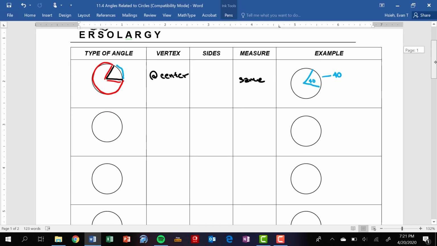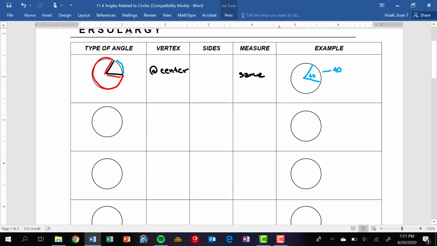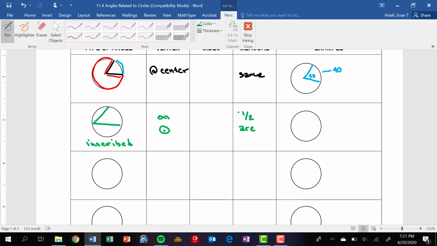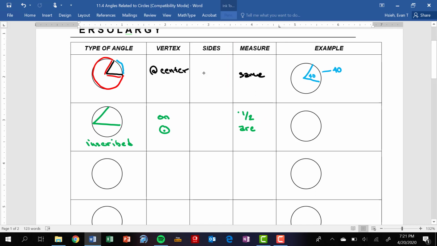Next type of angle is what's called an inscribed angle. And an inscribed angle has its vertex on the circle. And an inscribed angle has a measure that is half of the intercepted arc, or the arc that the Pac-Man is eating.